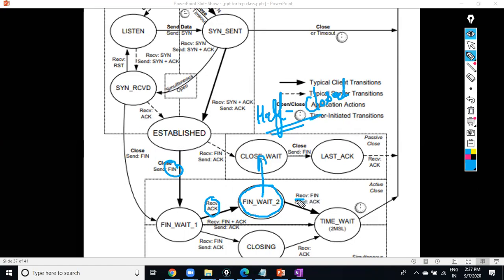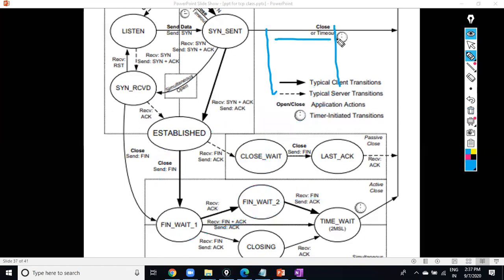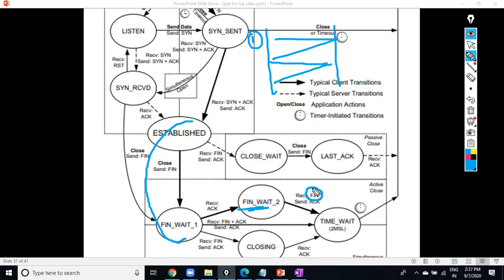On the other side, I still have to receive FIN. Closing happens two times: one from my side, another from the other side. When it's done from my side, I'll be in FIN wait, waiting for the FIN packet from the other side. When you receive the FIN, you send the ACK and directly go to the time wait state.